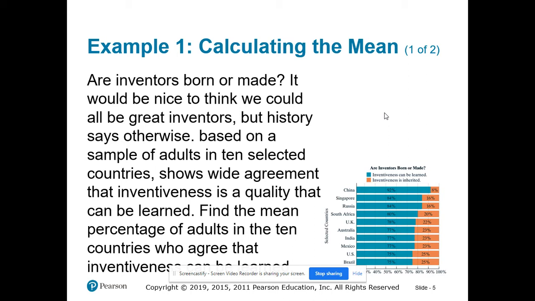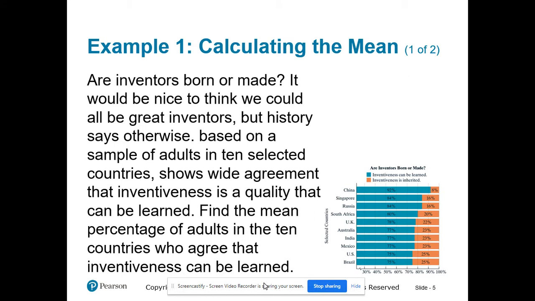Find the mean percentage of adults in the 10 countries who agree that inventiveness can be learned. We've got China at 92, Singapore 84, Russia 84, South Africa 80, the UK at 78, Australia 77, 77, 77, 75%, and 75% think that inventiveness can be learned.